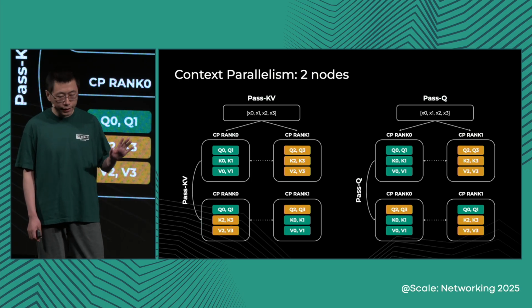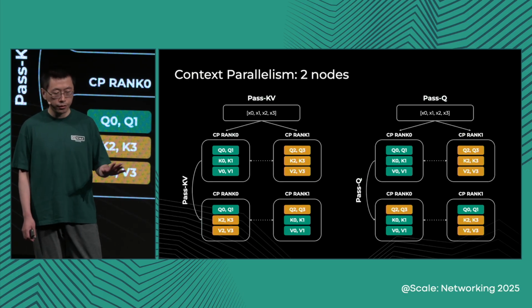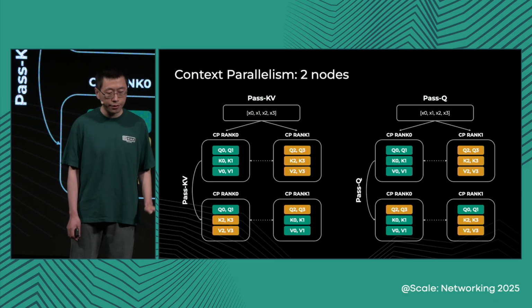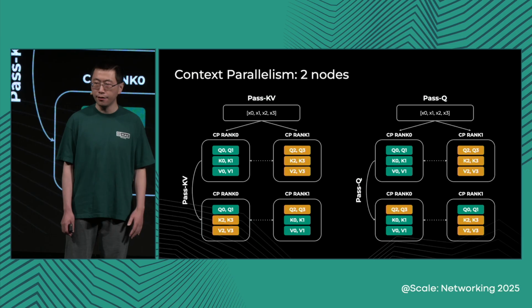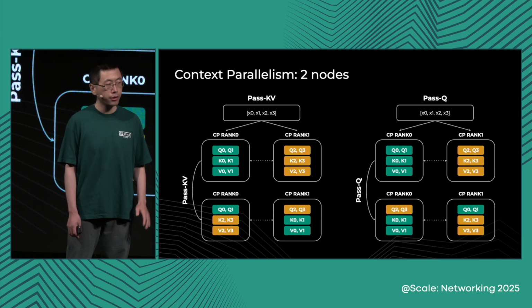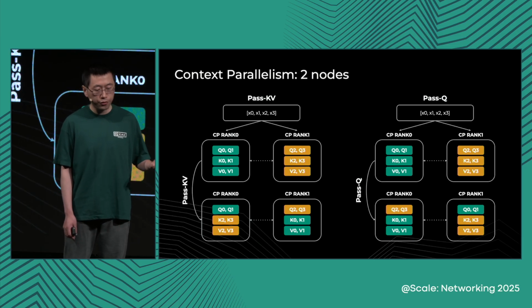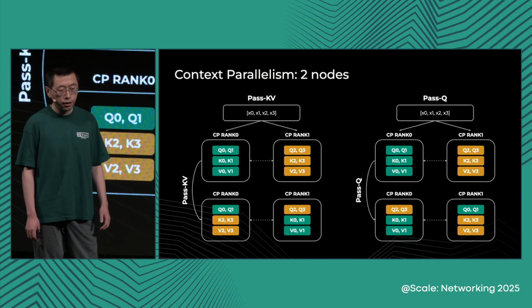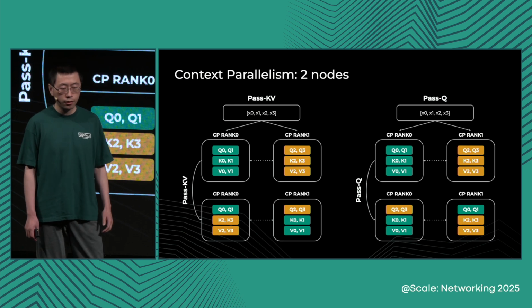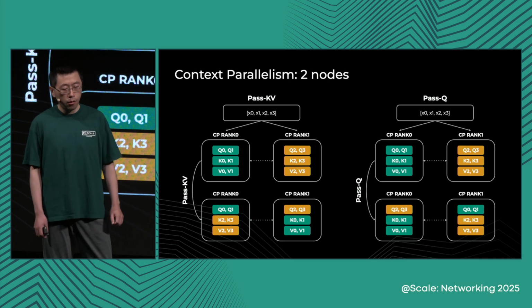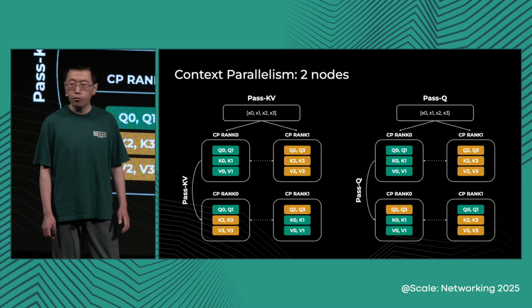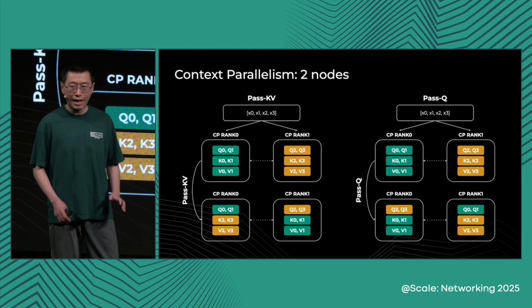With the pass-KV algorithm, pass key and value, we switch key and value tensors between these two CP ranks. Then we calculate the attention interactions between query 0 and 1 versus key and value 2 and 3 on rank 0, and similarly for CP rank 1. With the pass-Q algorithm on the right-hand side, we switch query tensors between these two CP ranks. Then we calculate the corresponding attention interactions.